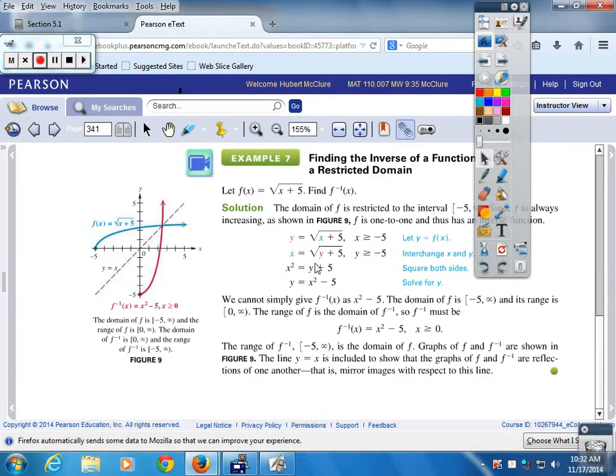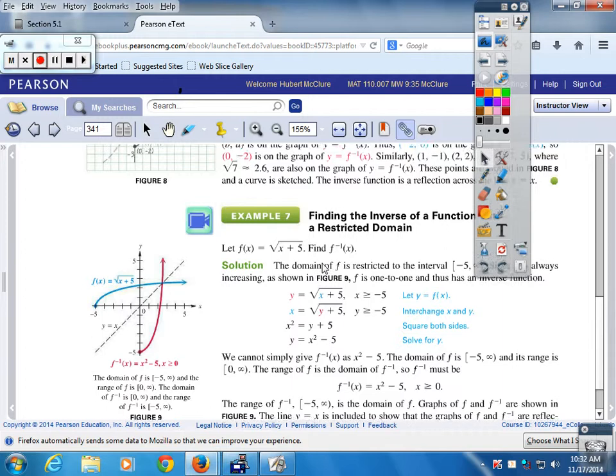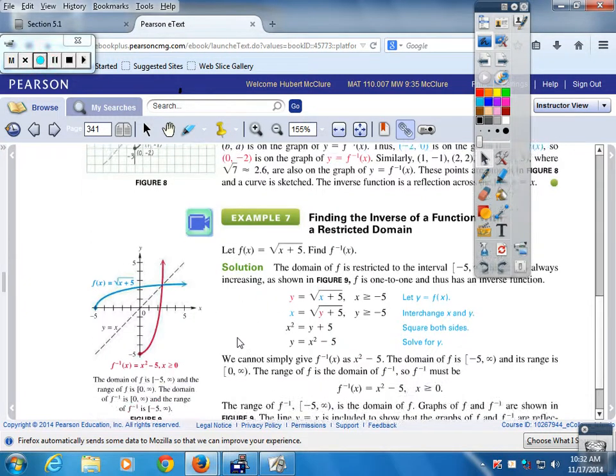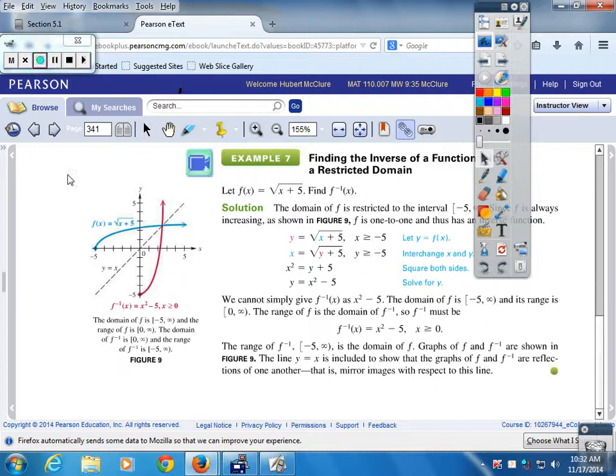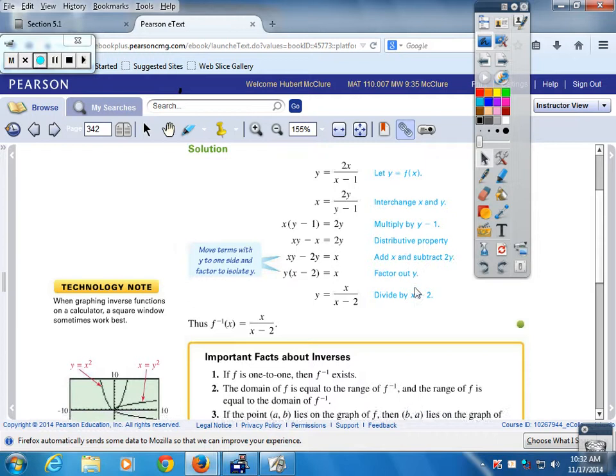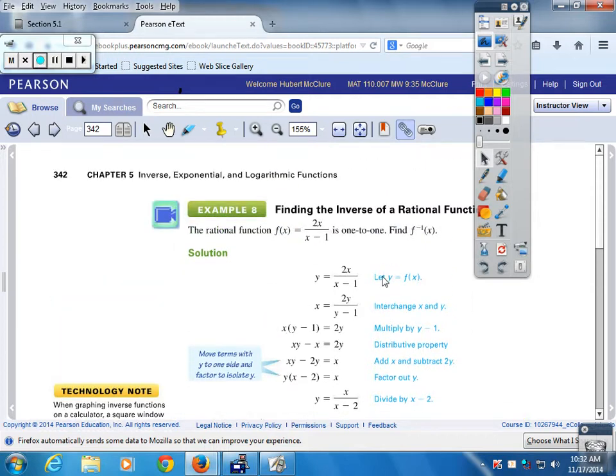I think we just did that one. All right, let's try this one. Don't know what it looks like, but let's try it.